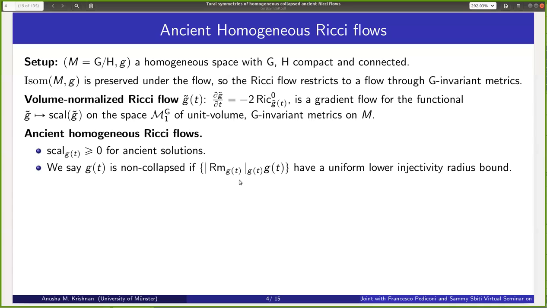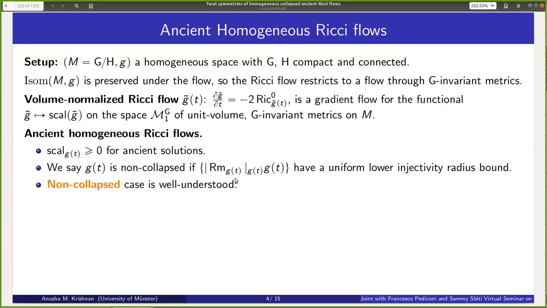We will say that the Ricci flow g of t is non-collapsed if these curvature normalized metrics, where you took the metric g and rescaled it by the norm of the curvature tensor, have a uniform lower injectivity radius bound, uniform in t. Then we will say that the flow is non-collapsed.